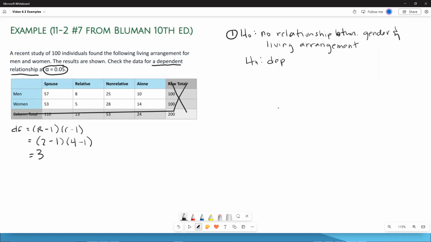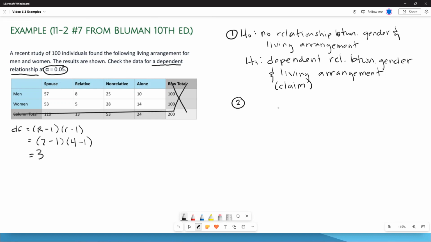There is a dependent relationship. Then we already know they used that keyword dependent. So this is the claim that we are testing.